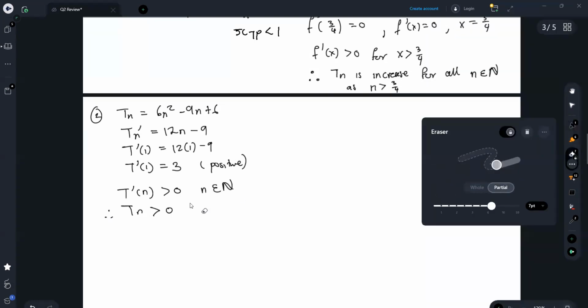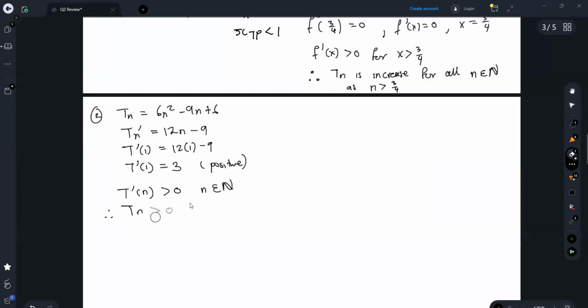Let me just put it like that, instead of just saying greater than 0. And this one is much more refined, easier to see and easier to follow. So that is it for question 2.